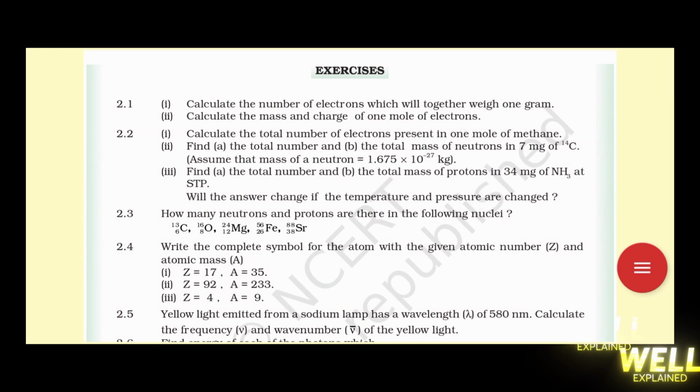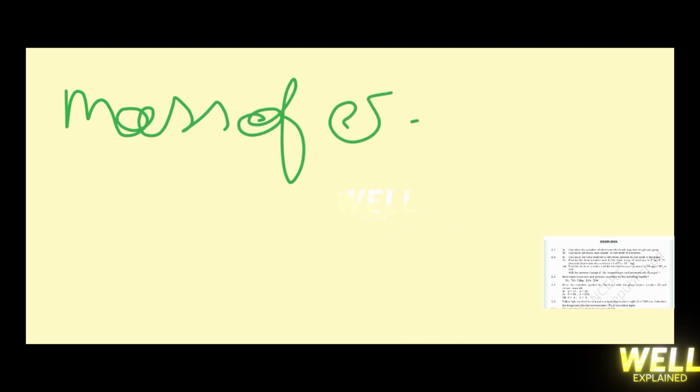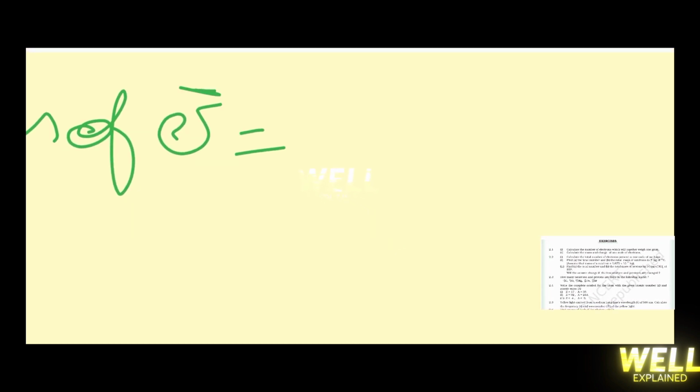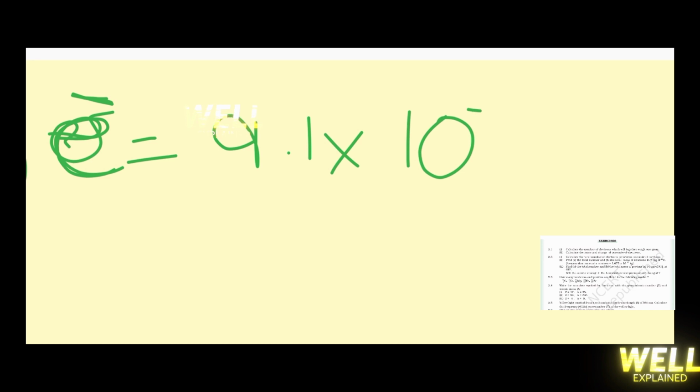Question number 1. In question number 1, we have first part, calculate the number of electrons which will together weigh 1 gram. So let's do this quickly. Mass of electron is 9.1 into 10 to the power minus 31 kg.